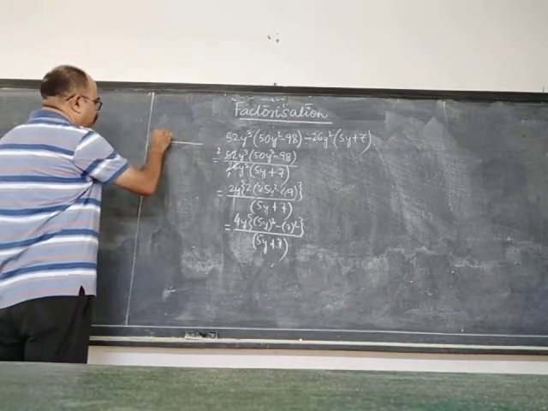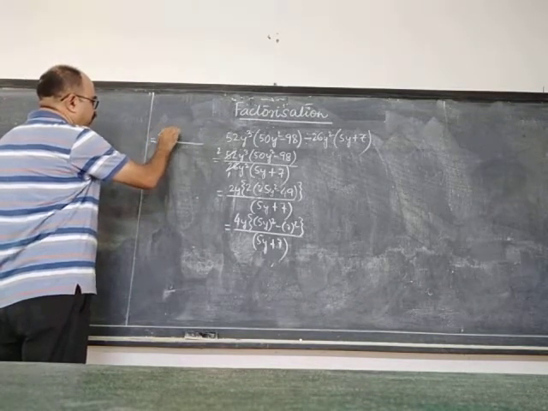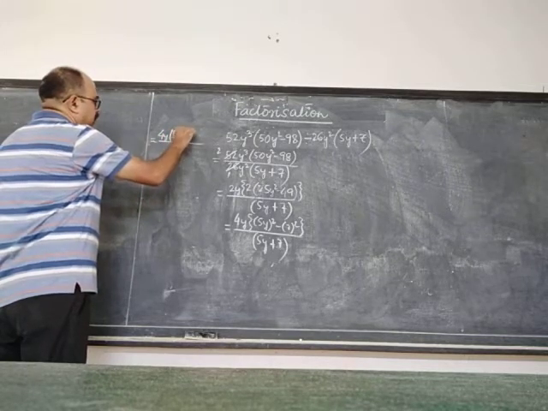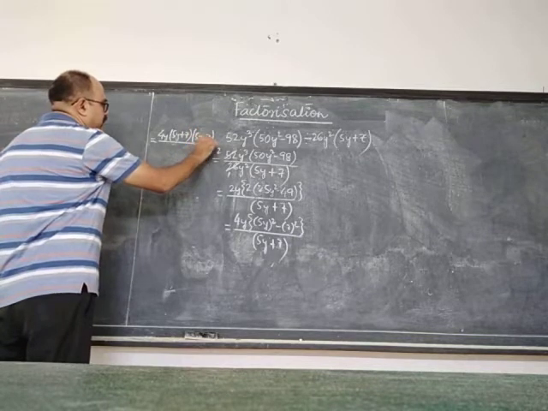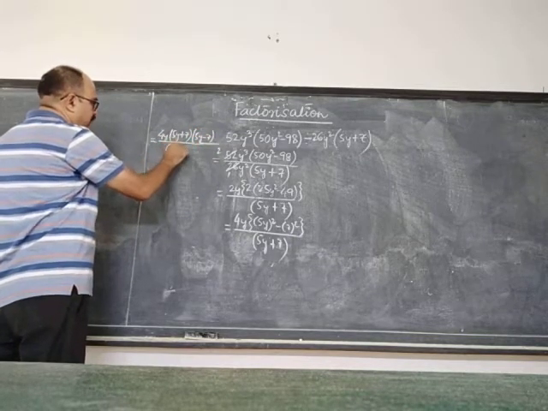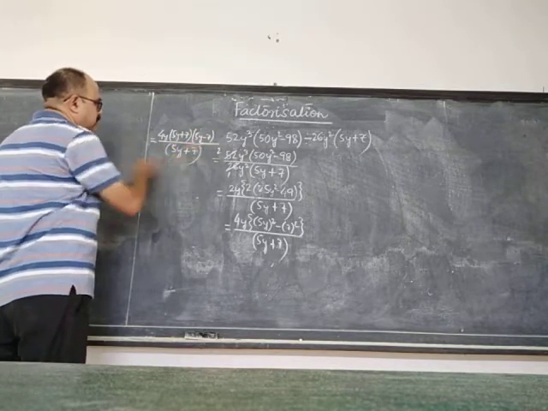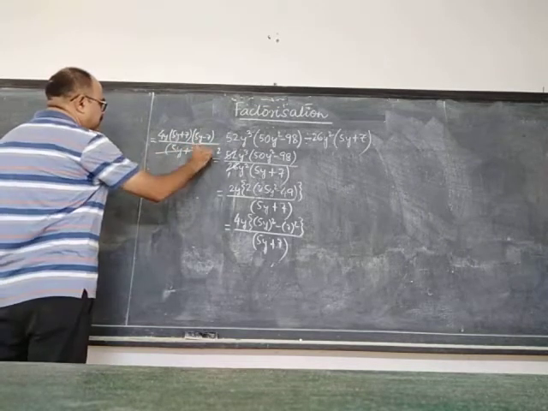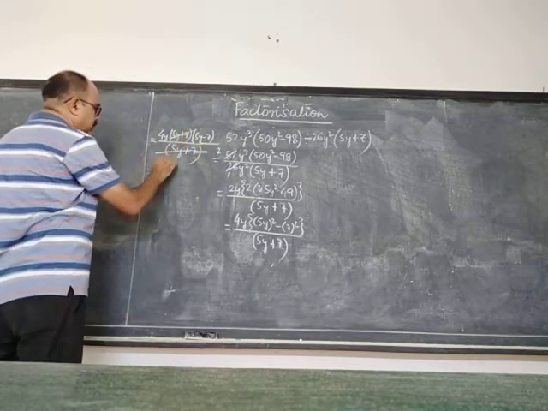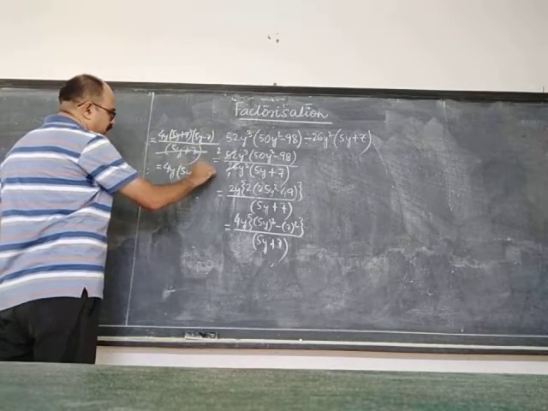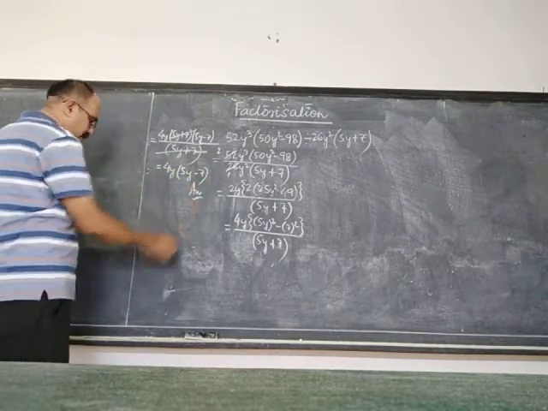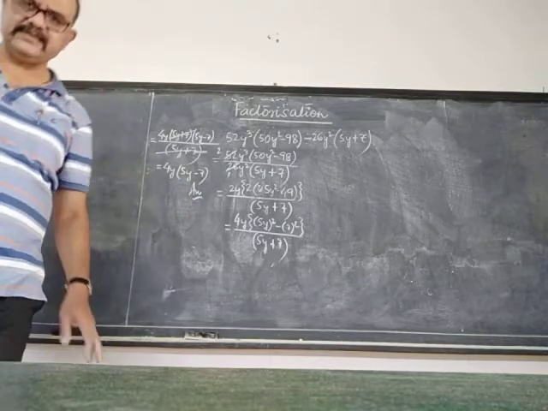You see 4y multiplied by 5y plus 7 multiplied by 5y minus 7 whole thing divided by 5y plus 7. Now 5y plus 7 and 5y plus 7 reduce, so it is equal to 4y multiplied by 5y minus 7. So this is what we are getting on calculating this.